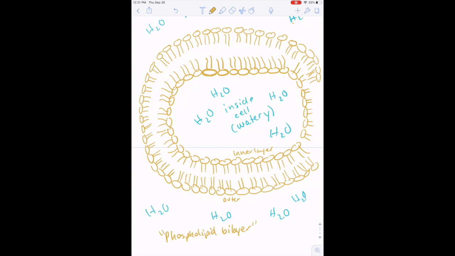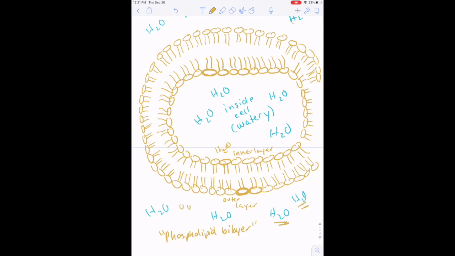You have an inner layer with the polar heads facing the watery interior of the cell, H2O, and the hydrophobic tails pointing away from it, and an outer layer with the hydrophilic polar heads facing the watery exterior of the cell.